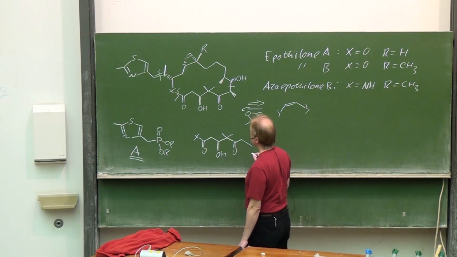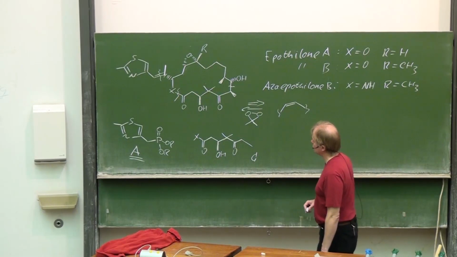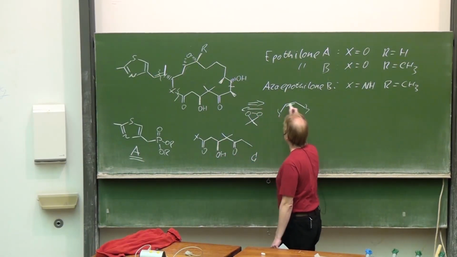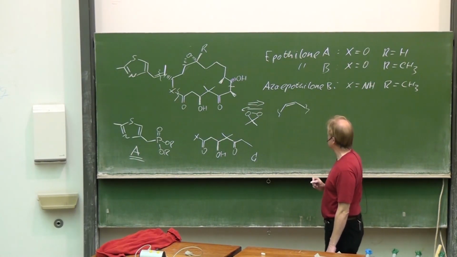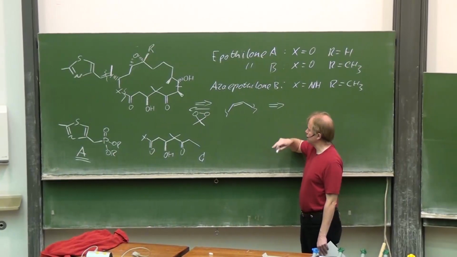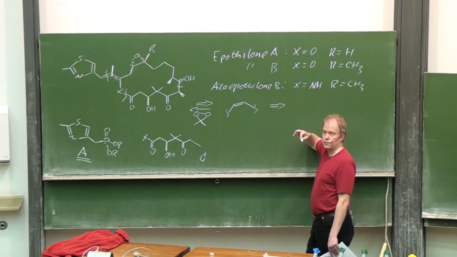Let's call that C, since that part then here as an olefin would be B. But if we think about how to get that olefin, remarkably, most groups that were targeting this synthesis had the idea to form this double bond by a ring-closing olefin metathesis with a ruthenium-carbene catalyst.